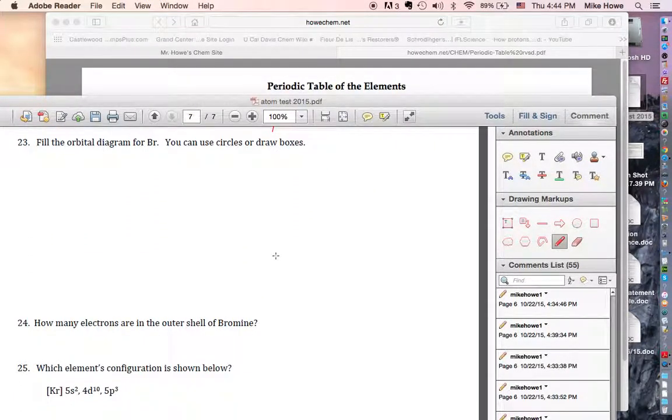Okay, now the orbital diagram for bromine. I'll go ahead and draw the boxes. You have a box here, a box there, that's 2s, 2p. Whoops, that wasn't a very good box. There's 2p. So that's 1s, 2s, 2p, 3s, 3p will be next, 4s, 3d, and then 4p.